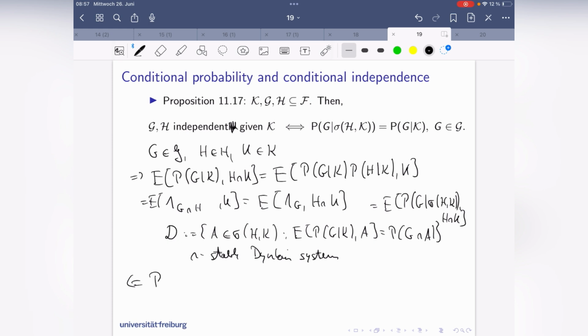I'm starting by saying the probability of G intersected with H given K. And I have to end here with a product, P of G given K times P of H given K. First of all, it's a probability, so it's an expectation of a product of indicators, like this.